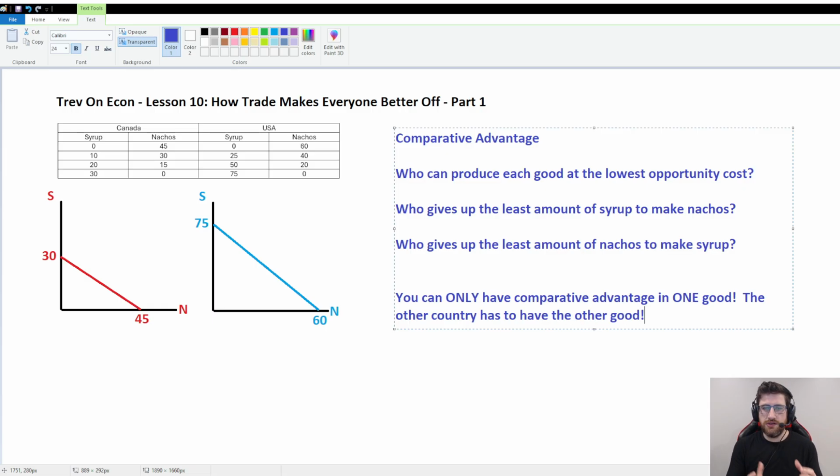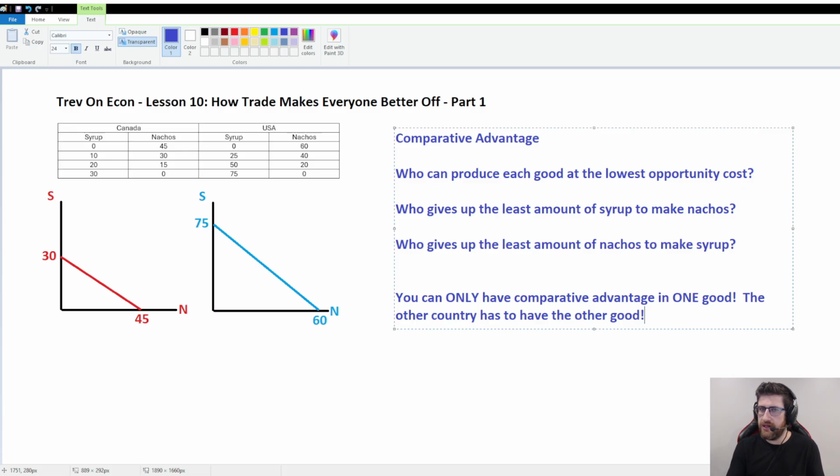Okay. So we're going to do some math later where we might find out, oh, Canada's good at syrup. And instantly, if I know Canada's good at syrup, they can't also be good at nachos from a comparative advantage standpoint. All right. So that's going to allow us to do some shortcuts later on that we'll abuse to save some time. But just keep this one in mind.